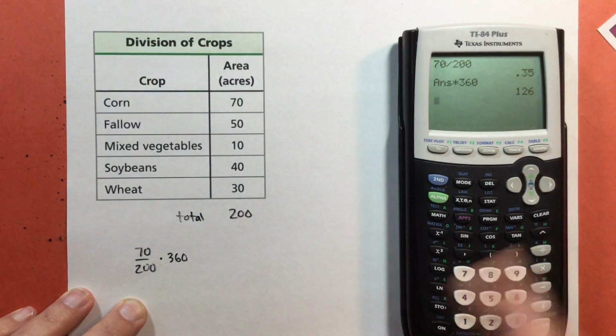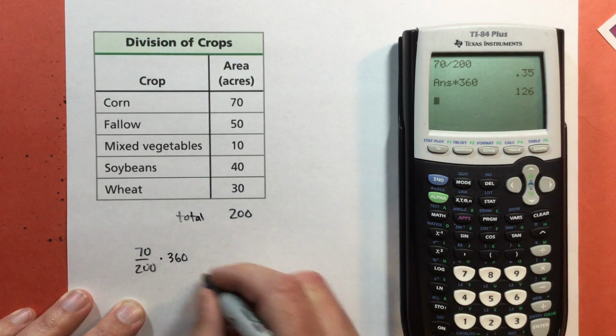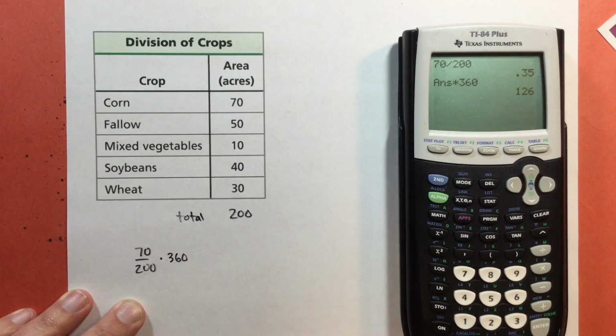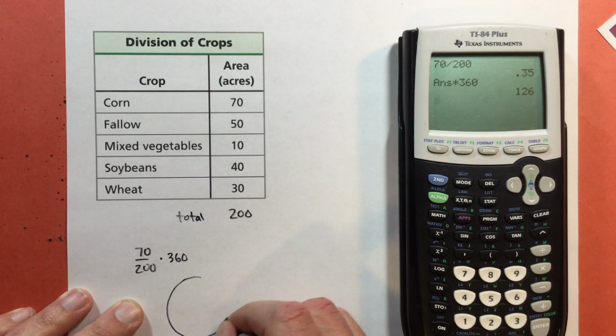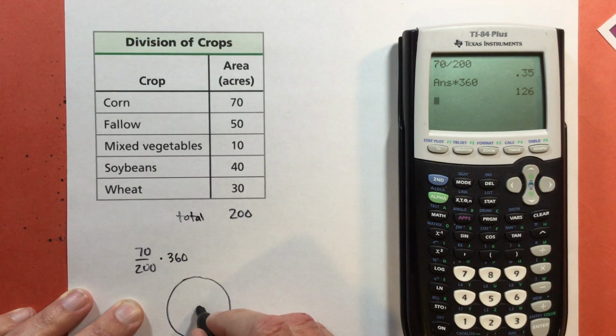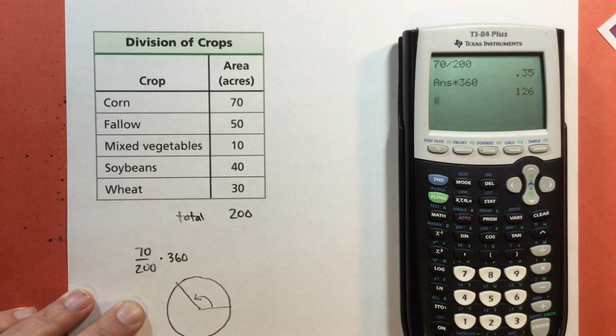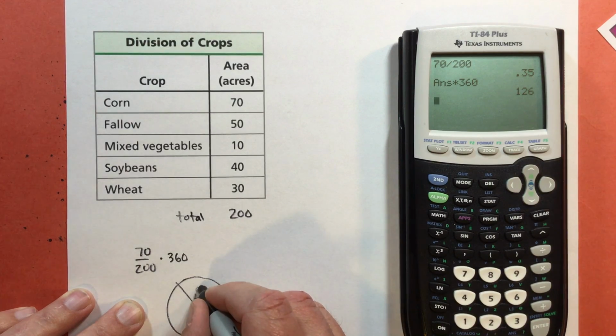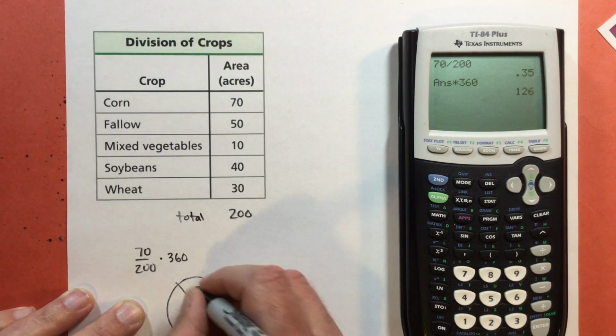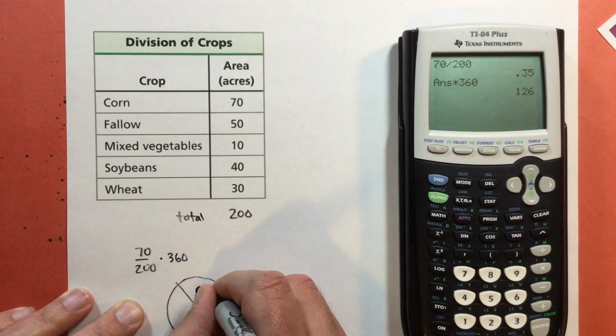So when I draw my circle graph, and I'm just going to sketch it right here, using the center of my circle, I'm going to mark out about 126 degrees, and this would be corn. If my marker works.